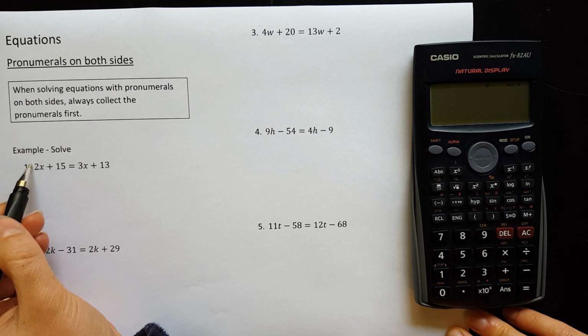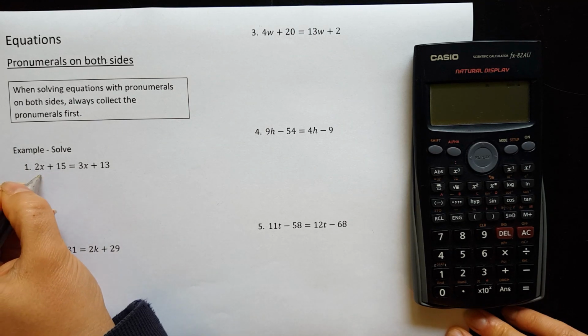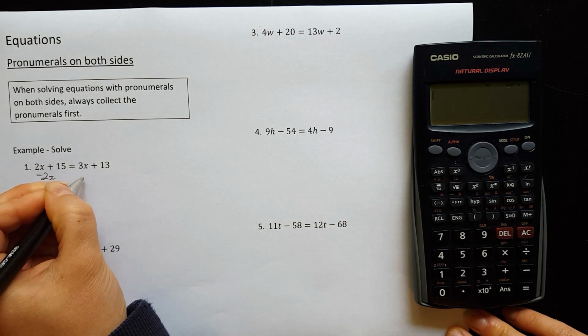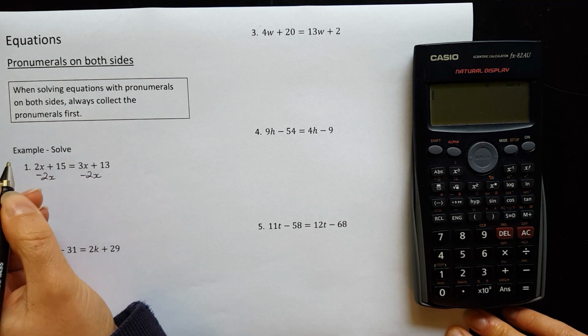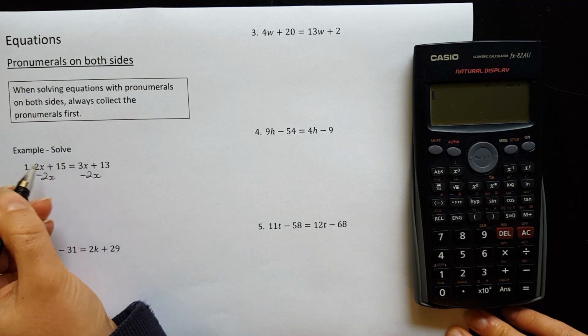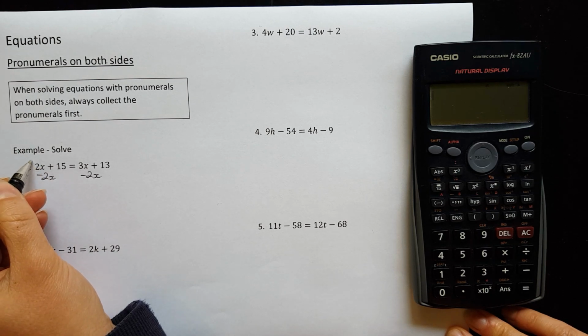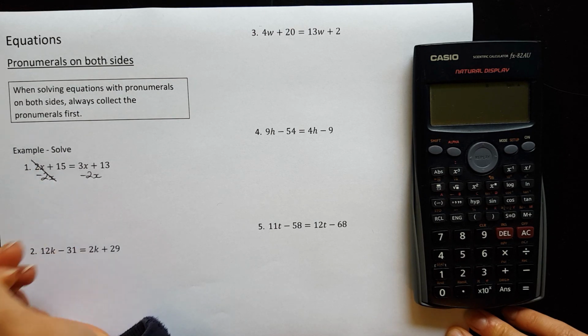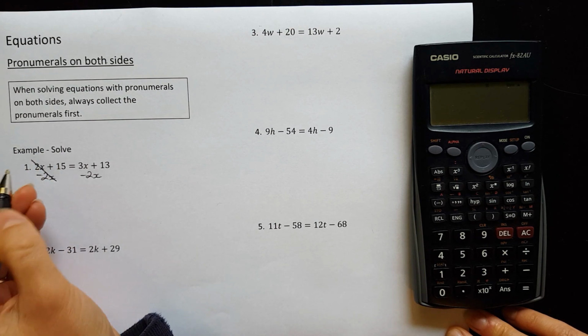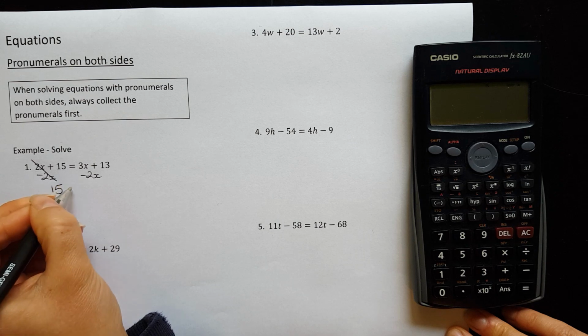Because that's a positive 2x, I want to subtract 2x from both sides. And I write that underneath the x terms on each side of the equation. That means that the 2x minus 2x, the x term on the left-hand side here will disappear. And all that's left is the 15.